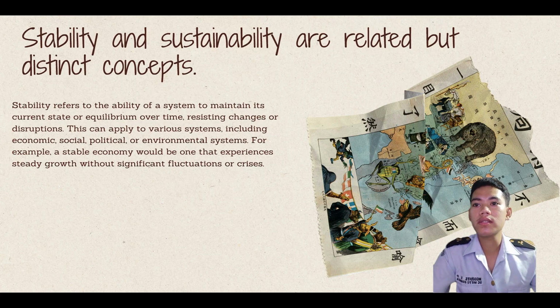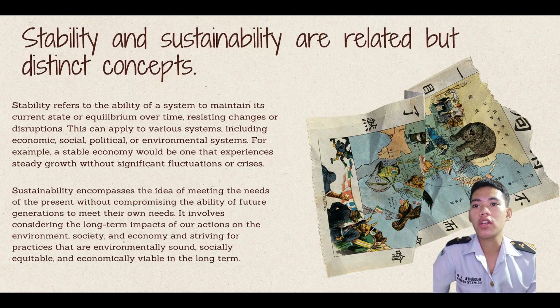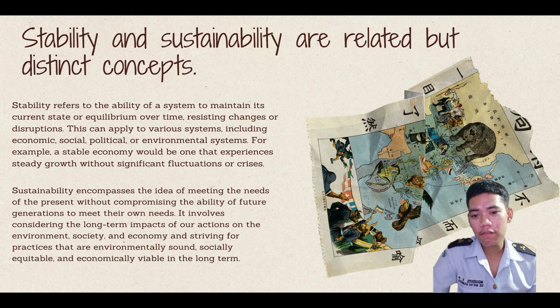The next one is sustainability. It encompasses the idea of meeting the needs of the present without compromising the ability of future generations to meet their own needs. It involves considering the long-term impacts of our actions on the environment, society, and economy, and striving for practices that are environmentally sound, socially equitable, and economically valuable in the long term.